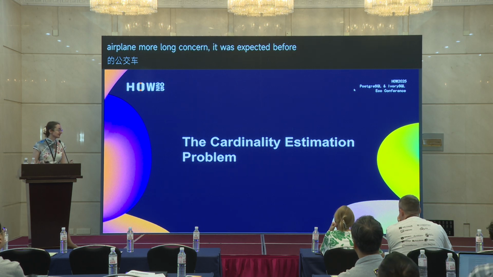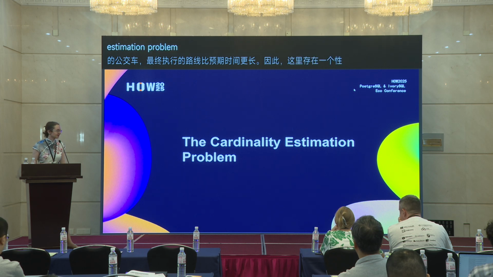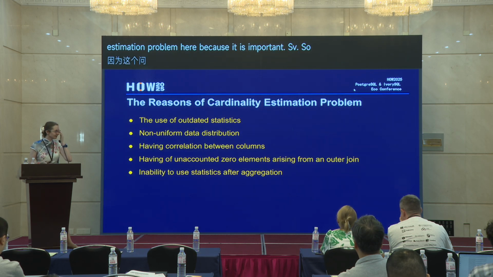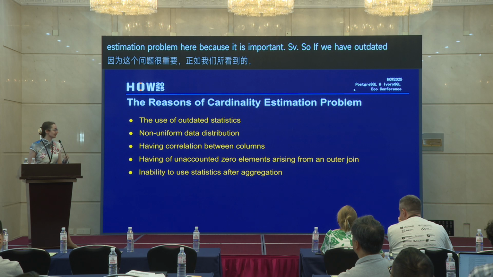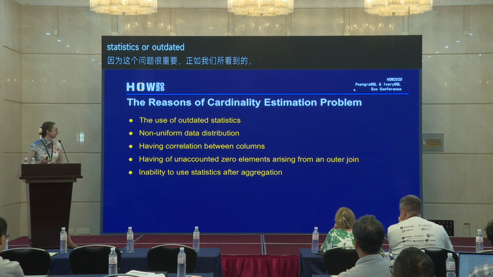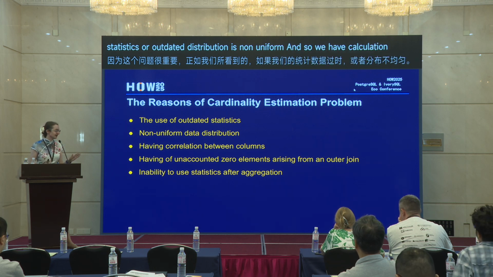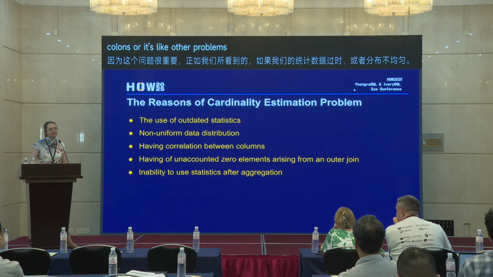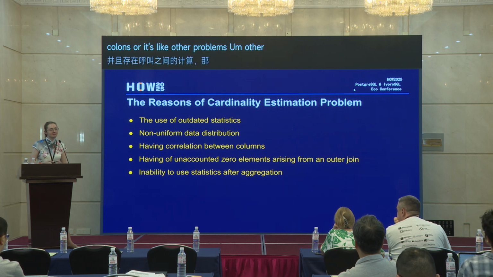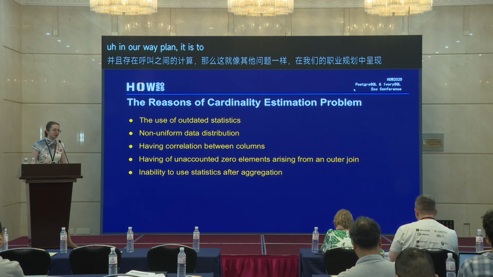So let's consider the cardinality estimation problem here, because it is important, as we saw. If we have outdated statistics, or our data distribution is non-uniform, or if we have correlation between columns, or other problems present in our query plan, it leads to the underestimation problem or overestimation problem.